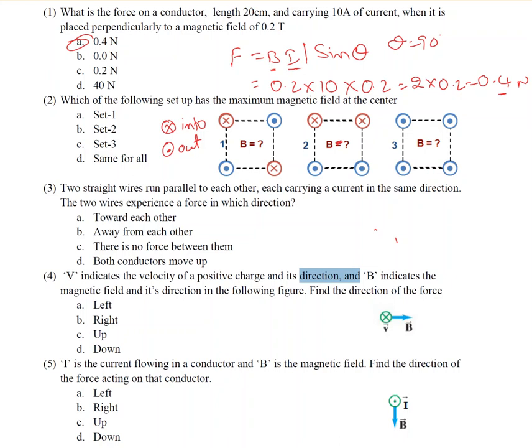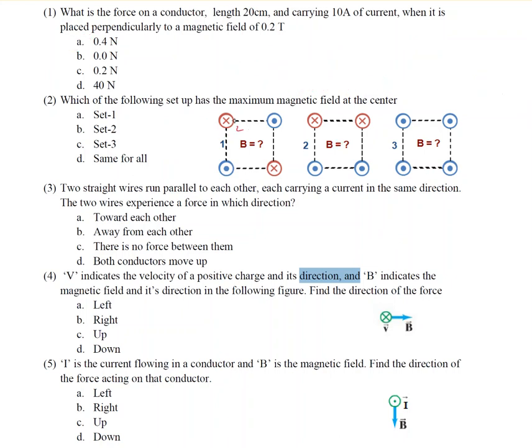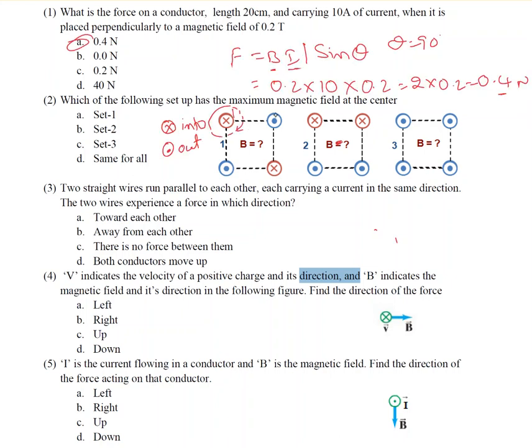According to the right hand rule, the thumb indicates the current direction and the folding fingers indicate the magnetic field direction. If we look at the first one, here current is going into the board, so the magnetic field direction is going to be clockwise. Let me number them 1, 2, 3, 4.